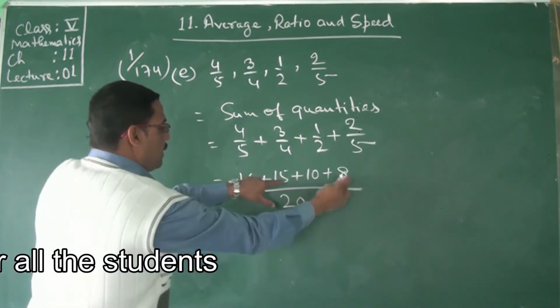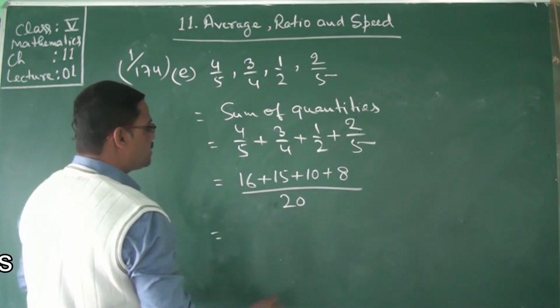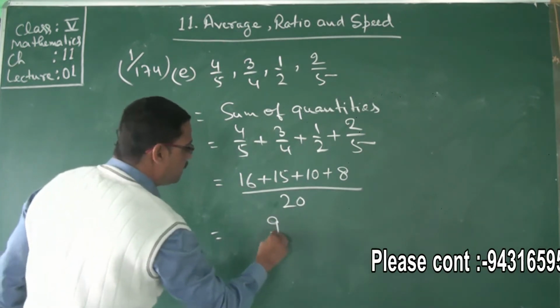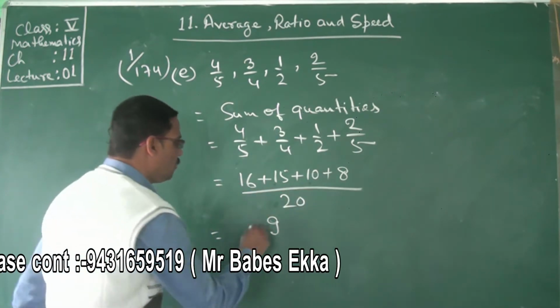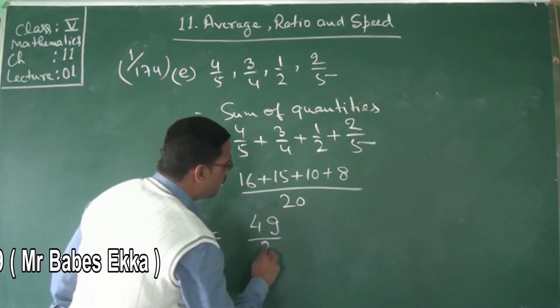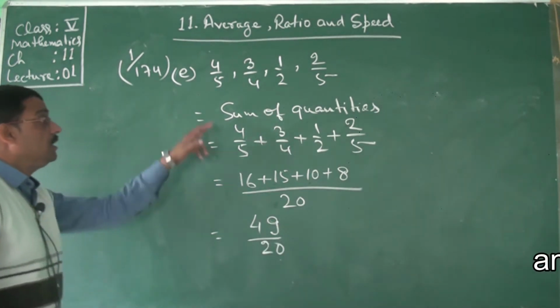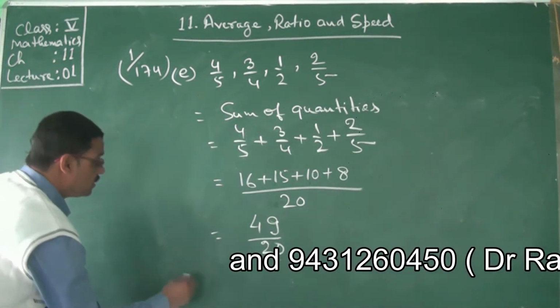The total is 49 by 20. This we got as the sum of the quantities.